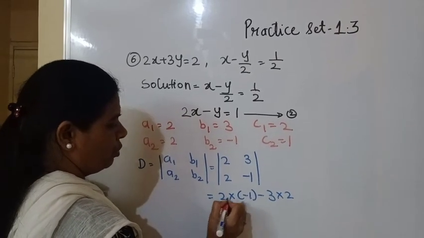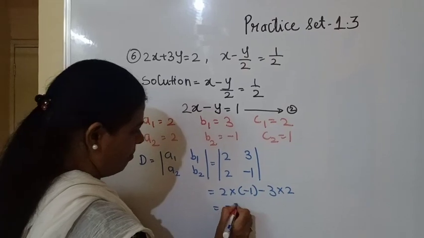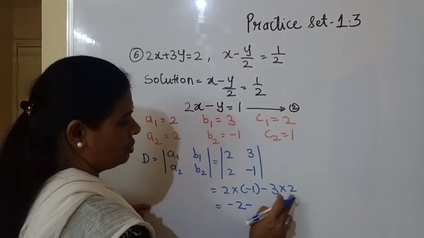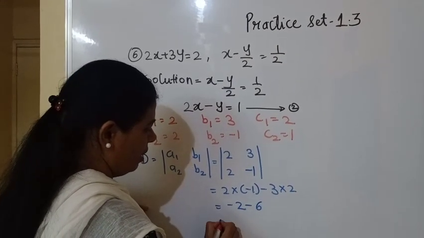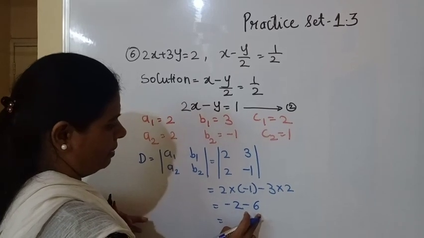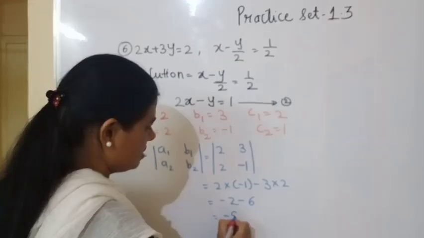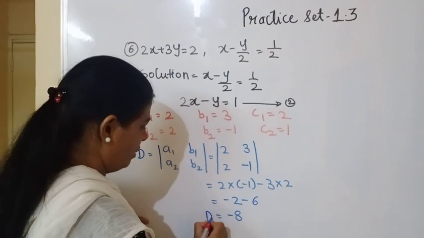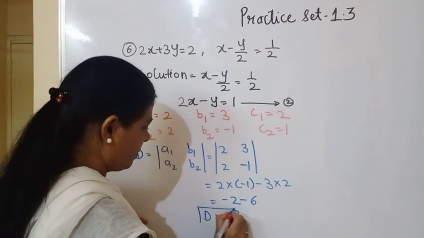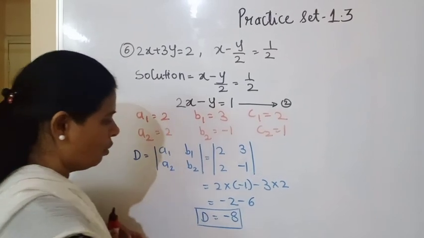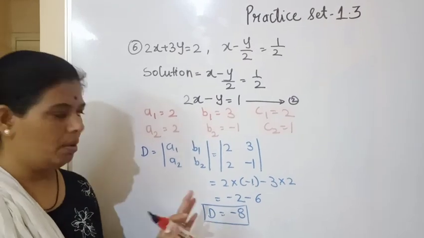So 2 into -1 will be -2, minus 3 2s are 6. So -2 minus 6 will be -8. So this is the value of d. So d equal to -8.